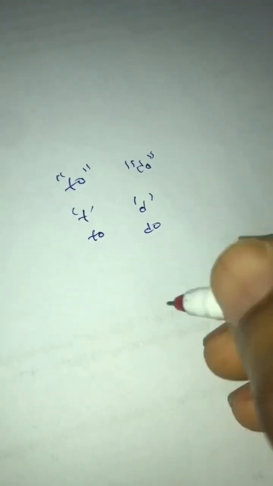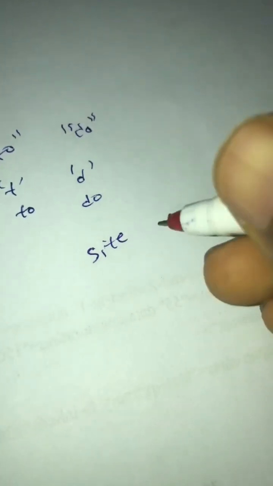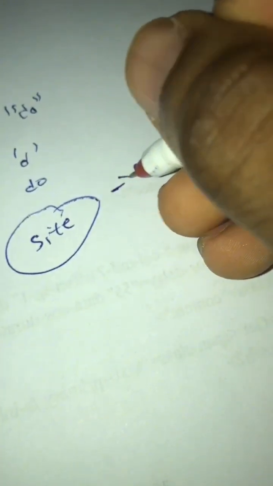Okay, so for instance, if you want to say a word like "sight," for example, if you just pronounce it, it would be "sight," right? But in Japanese, this word "sight" is a katakana word.